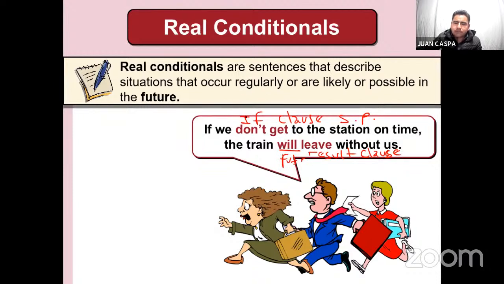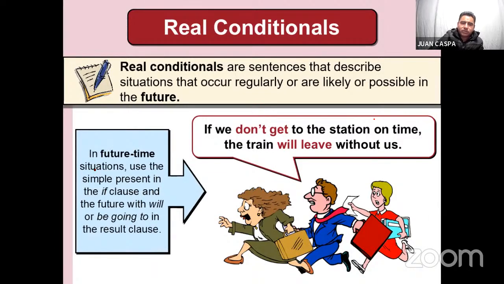Okay, but usually that will happen in the future, right? If I don't do something, that will happen. So that's why sometimes if we have past, we're going to have past perfect or something like that.